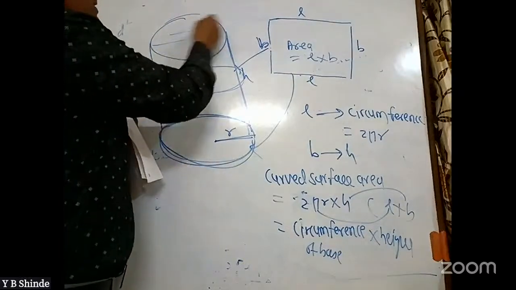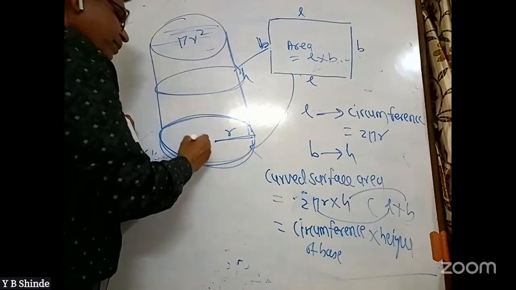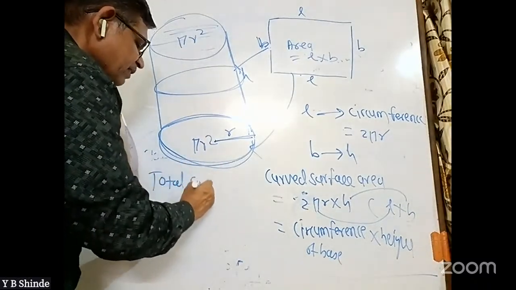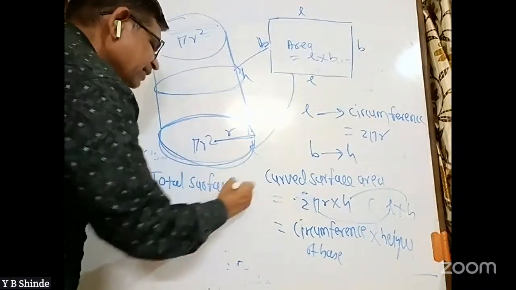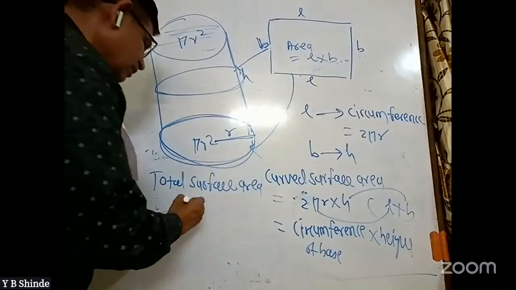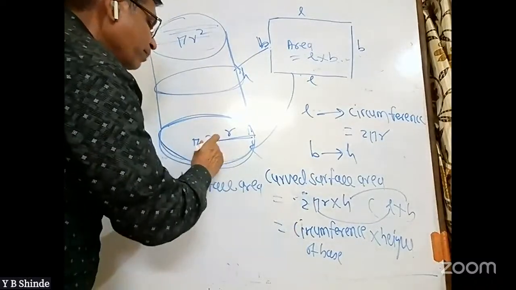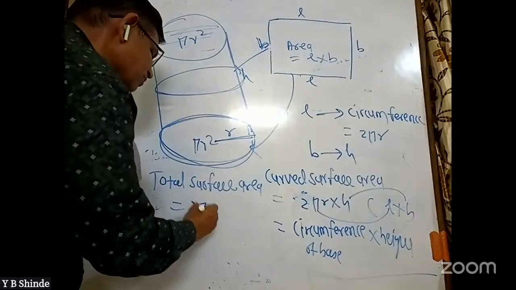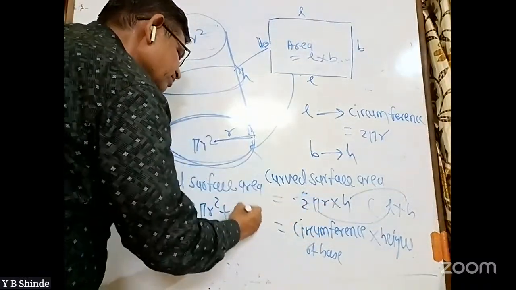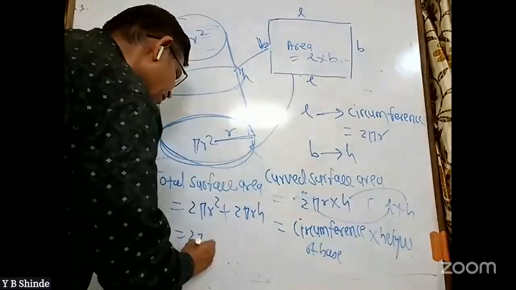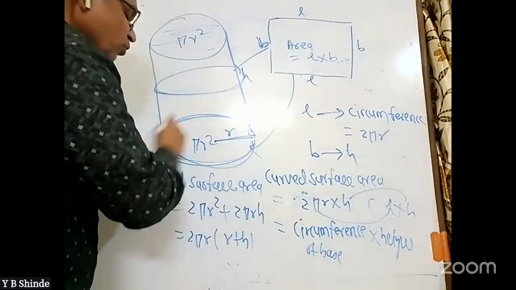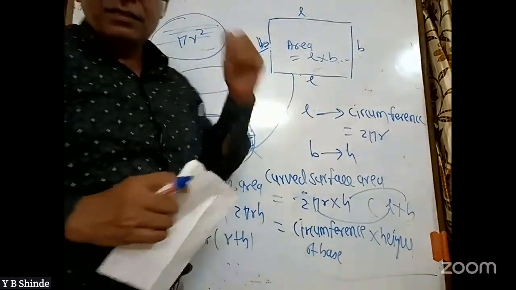Now, the above surface is pi r square and the below surface is pi r square. The total surface area will be what? I have considered only the surface area formula and how these are obtained. Total surface area will be base surface areas, 2 pi r square, plus 2 pi r h. Take 2 pi r common: 2 pi r into r plus h. This is the total surface area of cylinder.